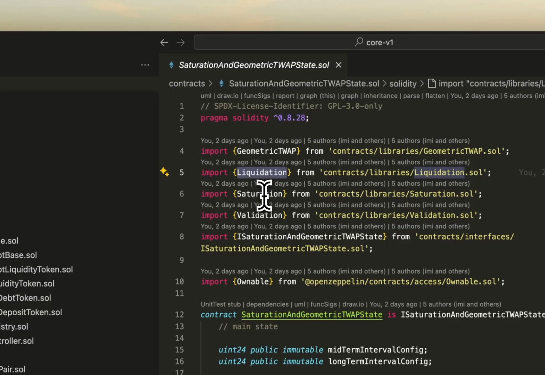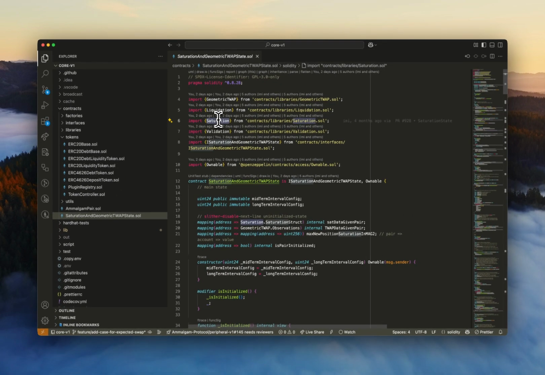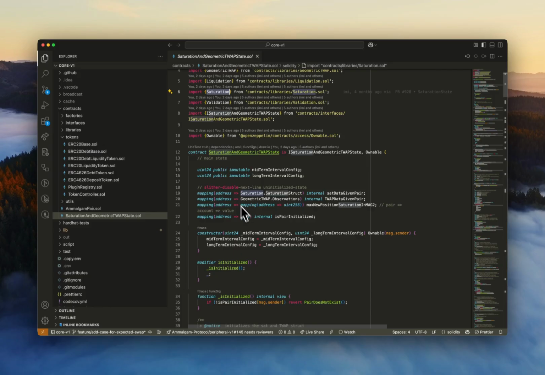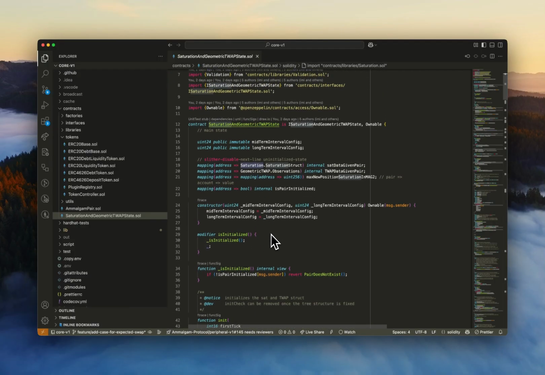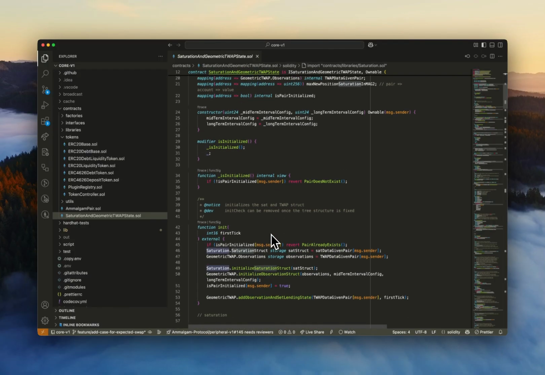So this basically wraps two libraries that are rather large, specifically saturation and the geometric TWAP library. So we were able to remove size from the pair contracts by moving these two rather large libraries here, and rather than having an external library, we have this wrapper contract that delegates calls to those libraries.